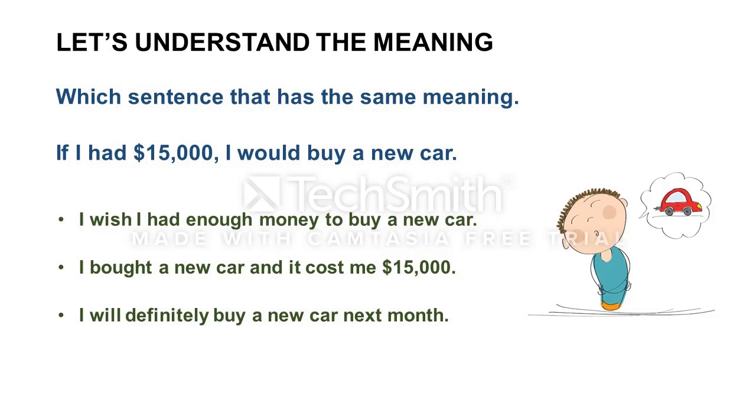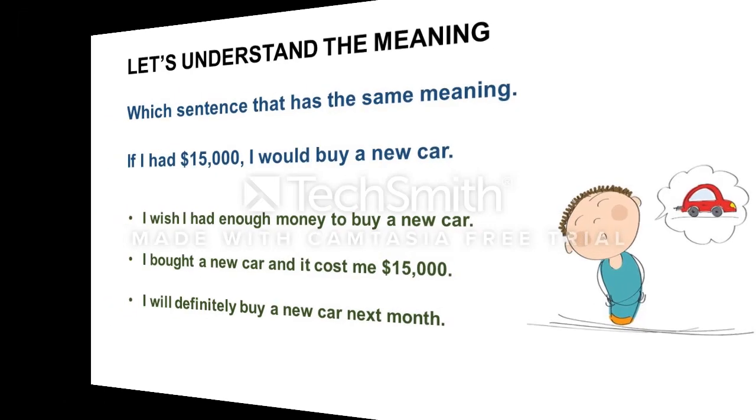I wish I had more money to buy a new car, or I bought a new car and it cost me $15,000, or I will definitely buy a new car next month. So when I use this, if I had $15,000, I would buy a new car. What does it refer to? You have to choose one.